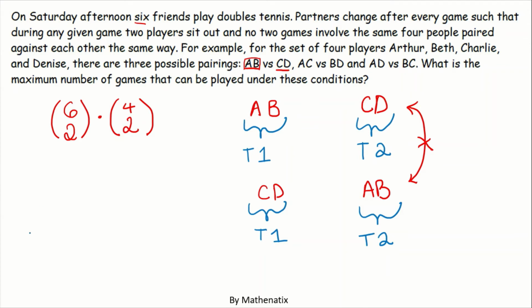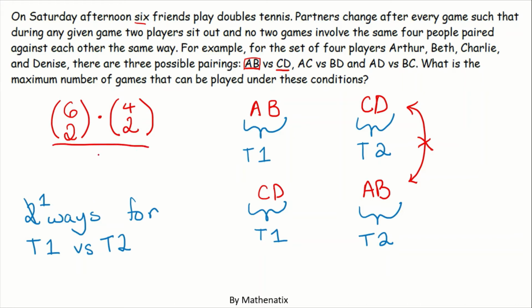So right now, there are 2 ways for team 1 to go up against team 2. But we only actually want one way. So how do we get this one way? Well, the answer is simple. We divide by 2. So we've got to divide by 2 here.